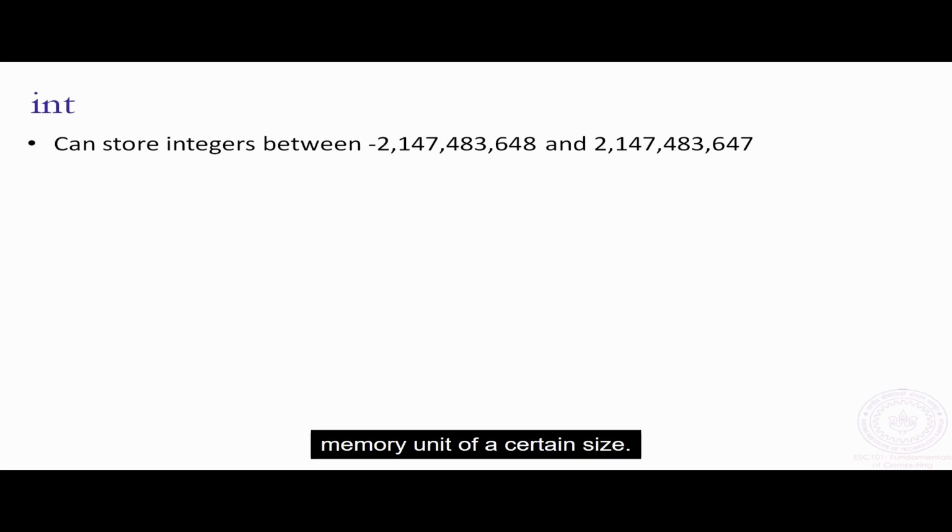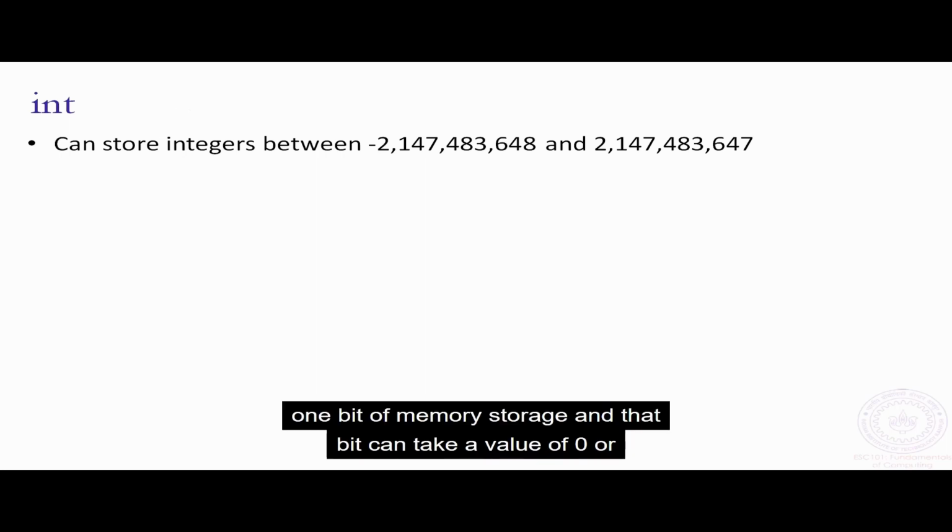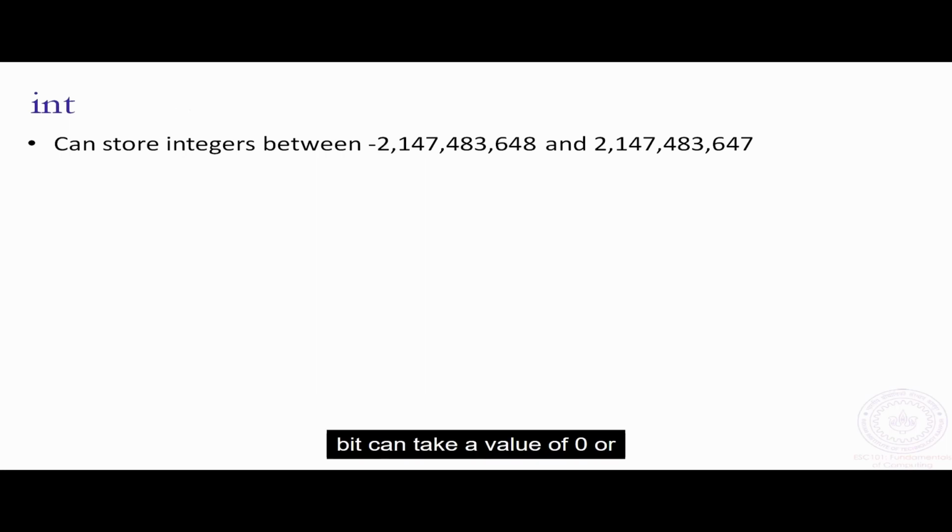of a certain size. Now, if you have 1 bit of memory storage, and that bit can take a value of 0 or 1 in binary code, then what is the number of values that can be represented in that 1 bit of memory? It can either be 0 or it can be 1.